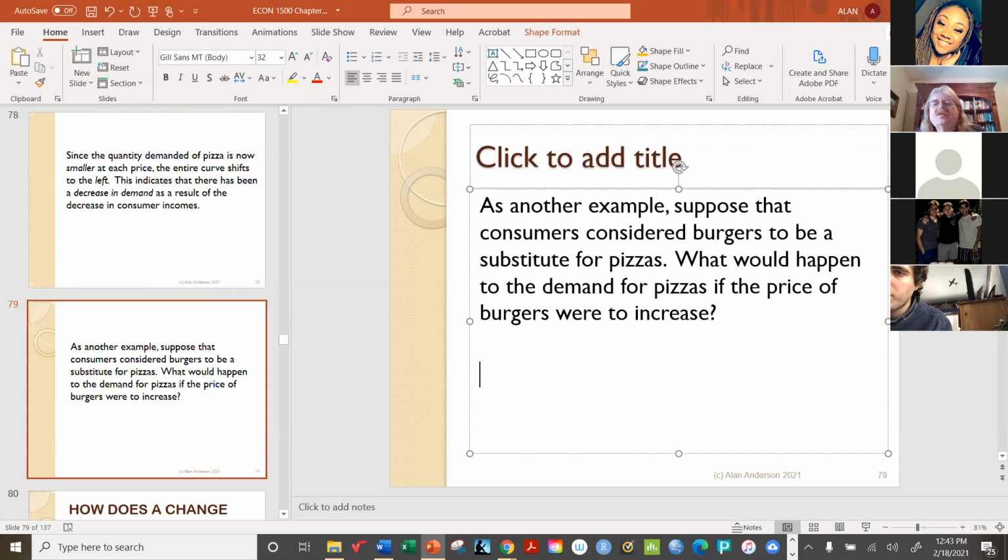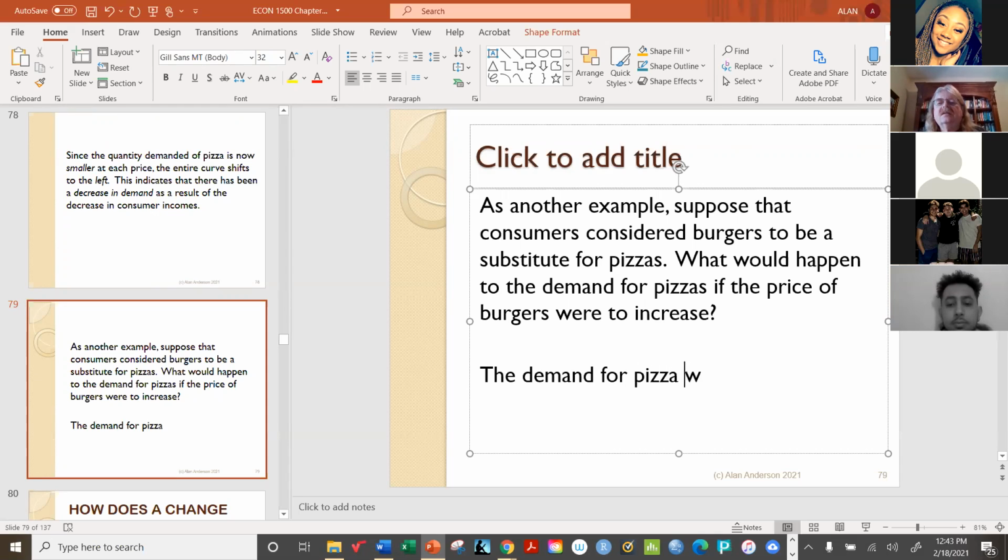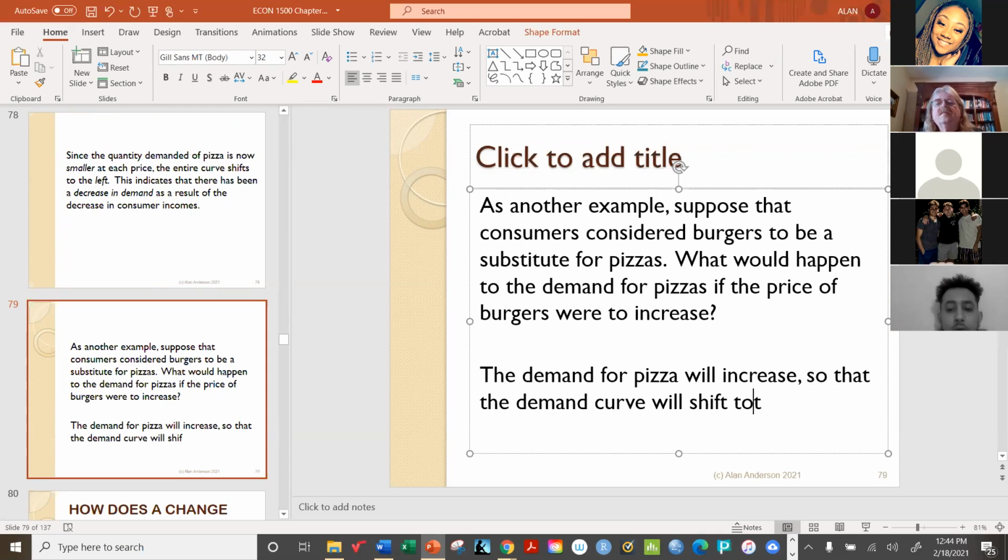What should happen to our demand curve for pizza? It will increase. Well, that's exactly right. So in other words, the demand for pizza will increase. Now, again, you notice this is something other than the actual price of the pizza. The pizza price didn't change. The demand for pizza will increase so that the demand curve will shift to the right.